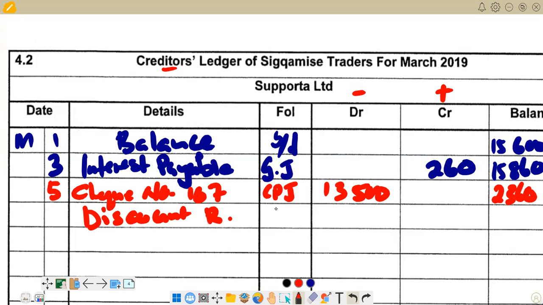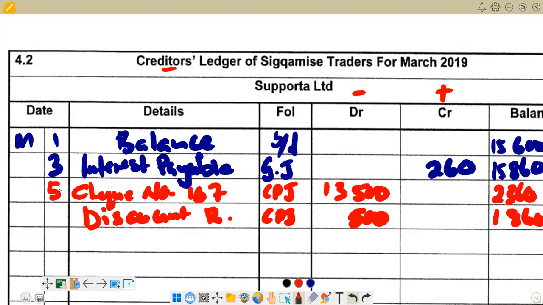This is our discount received, and we are also taking the information from the cash payments journal. We are also debiting, so we subtract 2,360 minus 500 to get the balance here, which is 1,860. So this is what we have. Then we can move on to the next transaction.